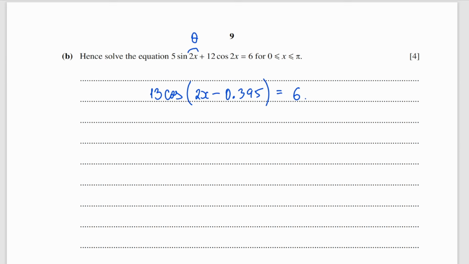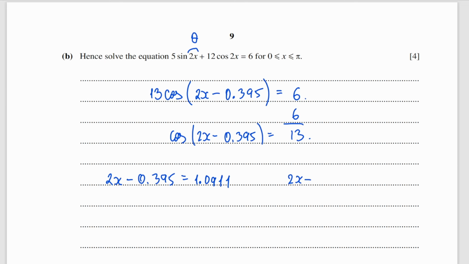Now let's divide both sides by 13. Then take the inverse cosine, so we'll get 2x minus 0.395 equals 1.091, let's say. And straight after we do inverse cosine, we can find the second value of 2x minus 0.395. In the case of cosine, we could do 2 pi minus the first one.